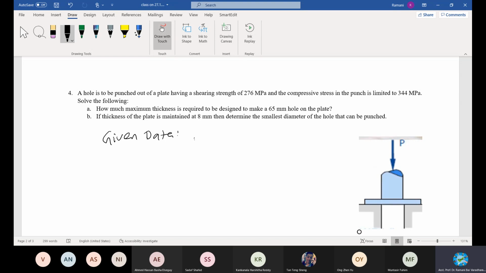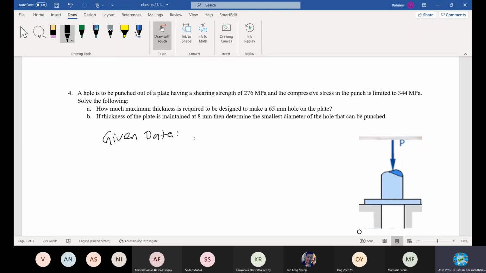A hole is to be punched, similar to that one, but indirectly in a different way. You just need to rearrange the same procedure, and you will get your answer. Herein you are given the same type of question, making a hole on the plate, right?